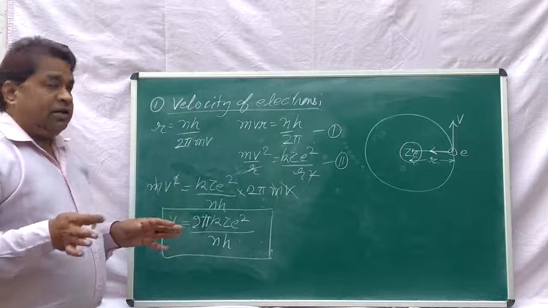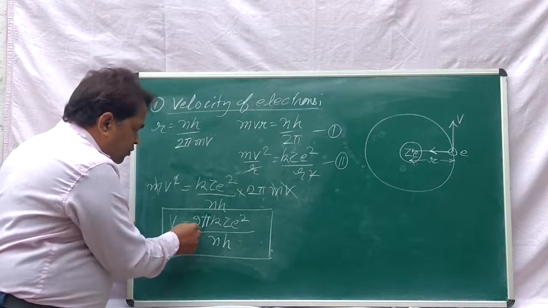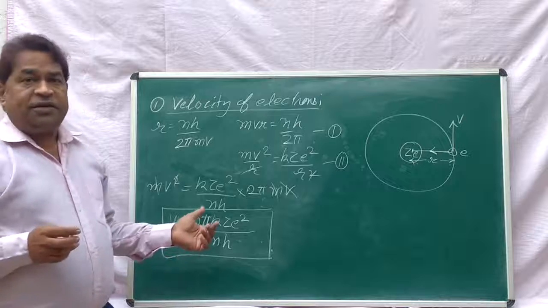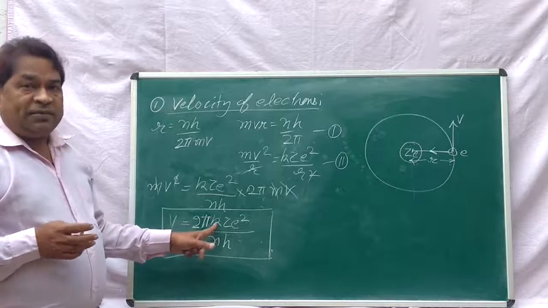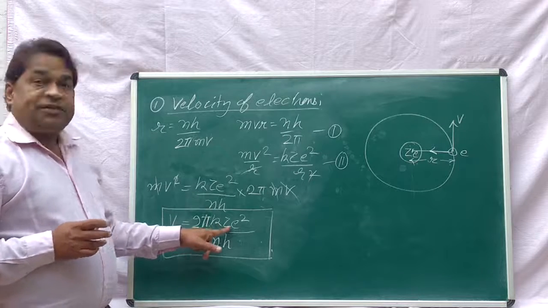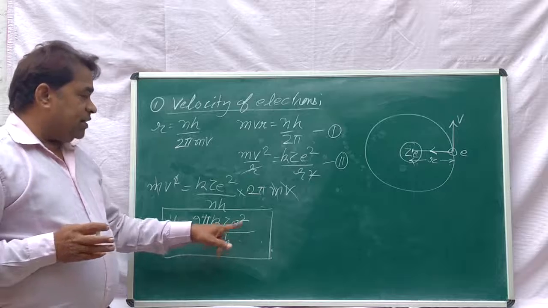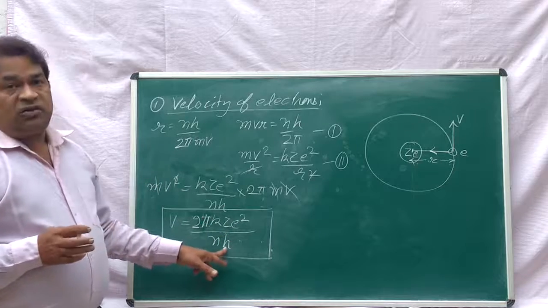In this formula you can see that 2 pi is a constant quantity, k is also a constant quantity, it is 1 upon 4 pi epsilon naught, which is equal to 9 into 10 to the power 9. Z is the atomic number, e is the charge of the electron, which is already known to us, and h is also a constant.